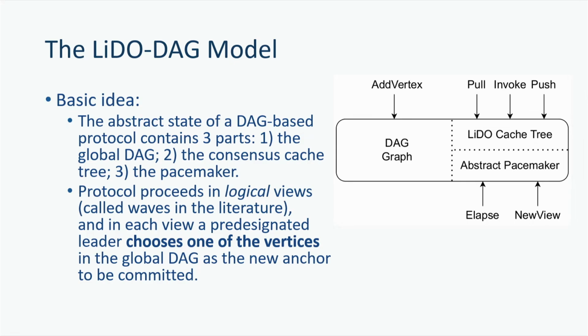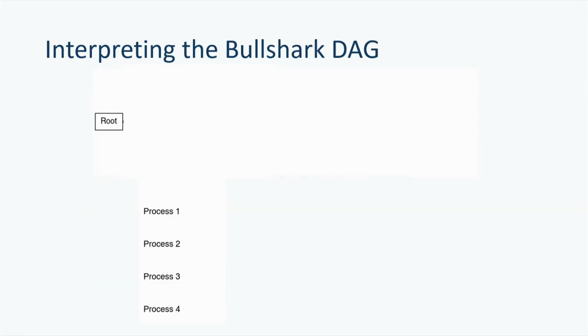And what it does is, instead of proposing a single block, it chooses one of the vertices in the global DAG as the new anchor to be committed. And so instead of proposing a single block in your invoke step, you propose references to the DAG graph.